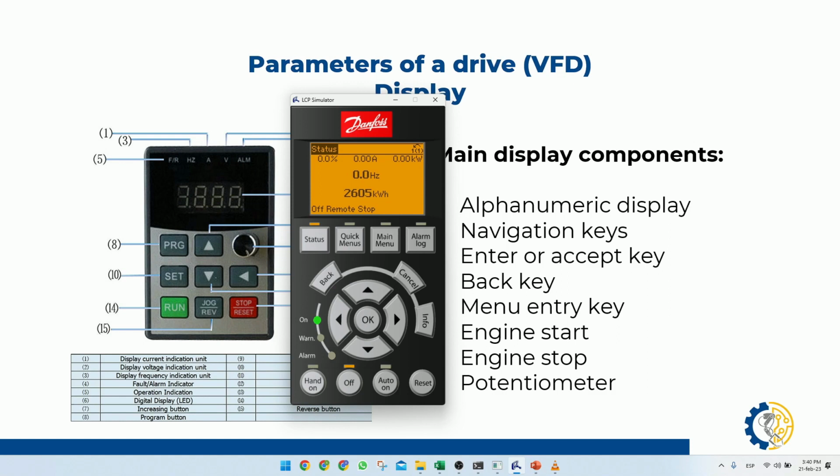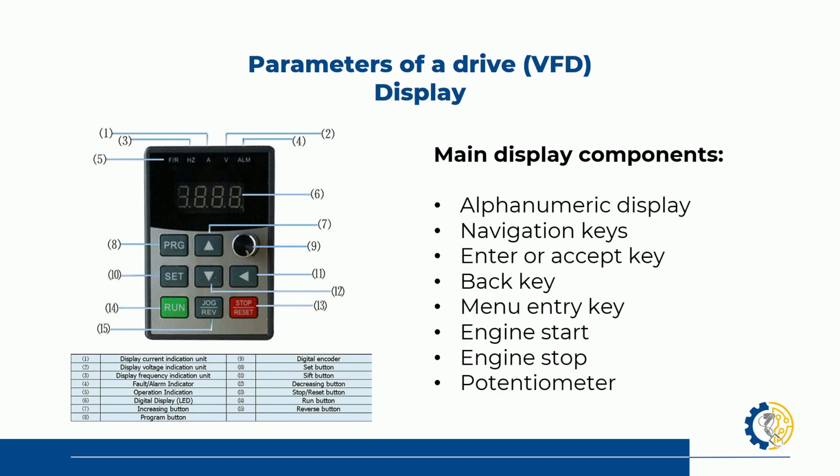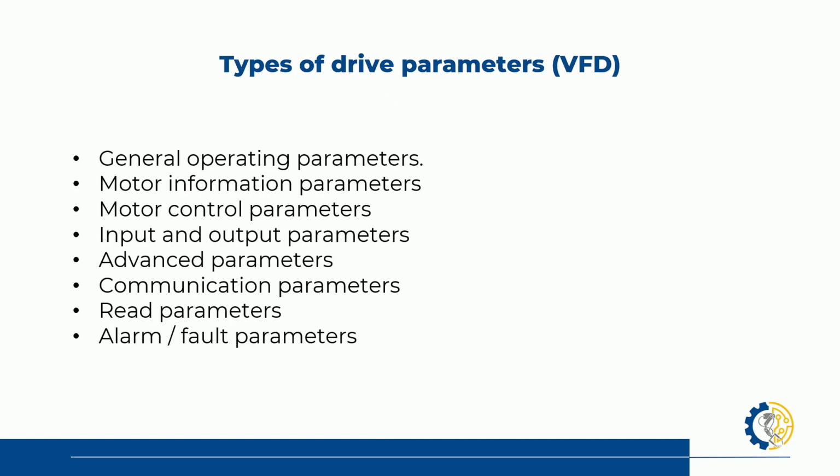Now, I'm going to show you what our parameter types are. This classification is the most general one, speaking about specifically all brands. Now, there are many parameters for general functioning. What do I mean by this?